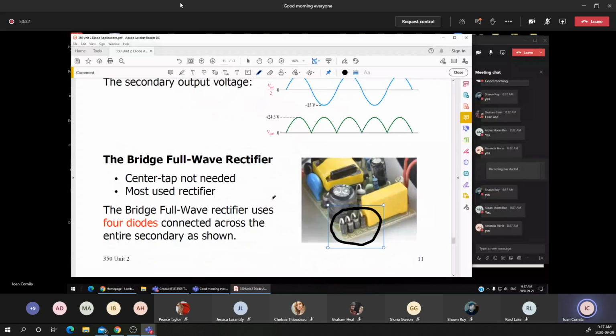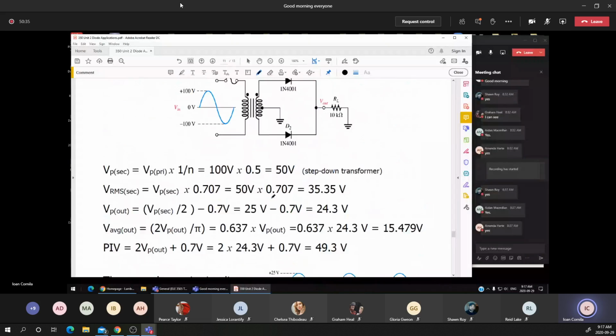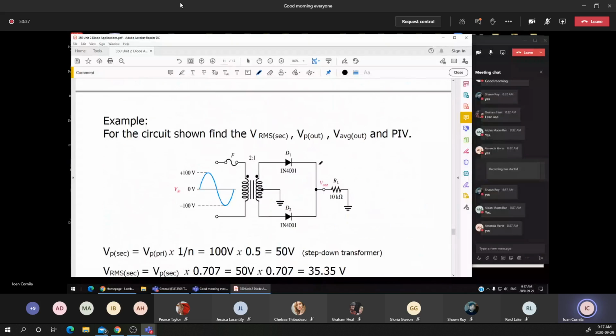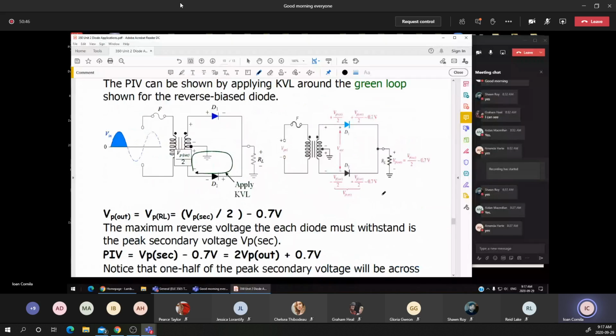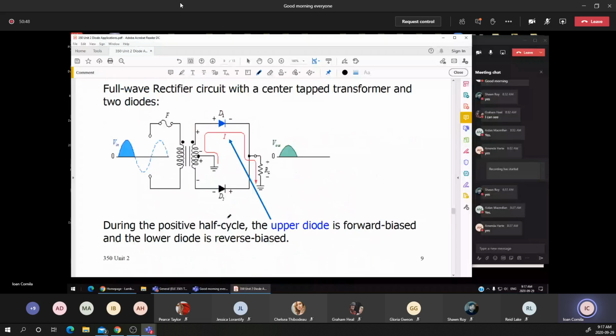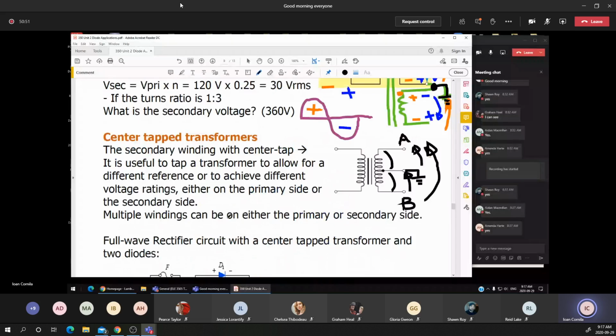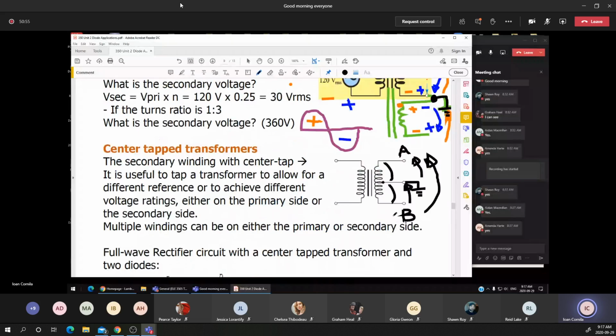There are advantages and disadvantages to both types of full wave rectifiers, and the equations and examples will be made tomorrow. Again, tomorrow we'll start with the center tap transformer, and we'll discuss the center tap full wave rectifier and the bridge rectifier. Any questions, comments, concerns, guys?